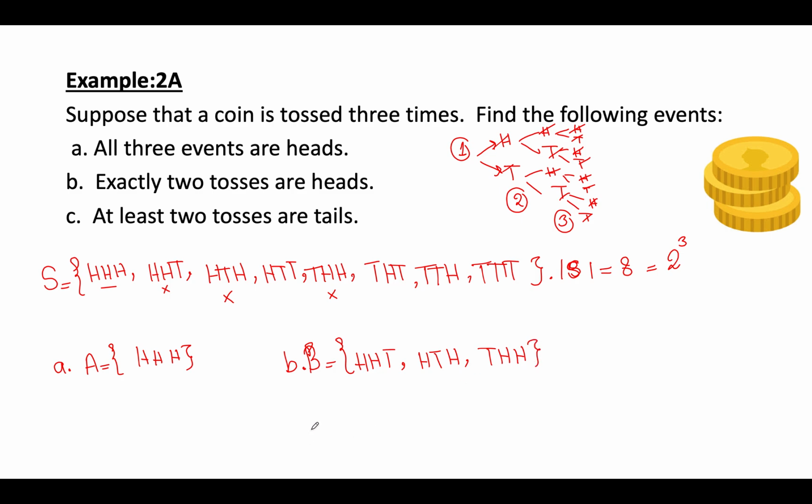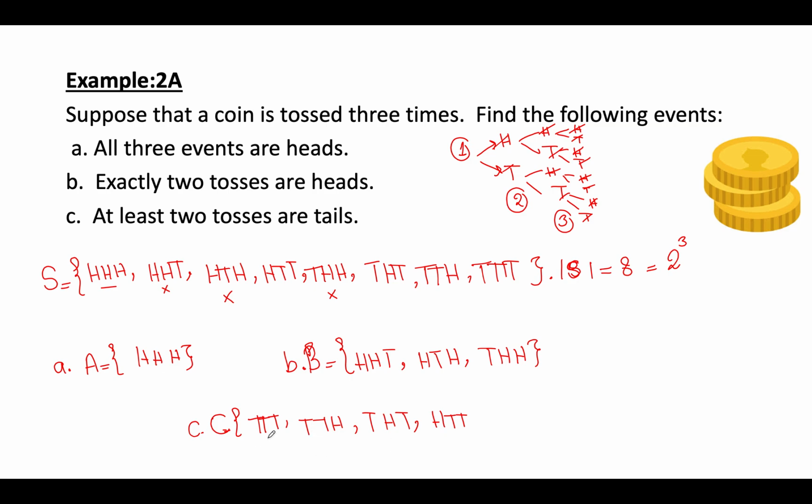Okay, finally, what are the possibilities of getting at least 2 tosses that are tail. At least means it might be 3 tails, T, T, T, or T, T, H, or T, H, T, or H, T, T. So at least I have 2 tails.